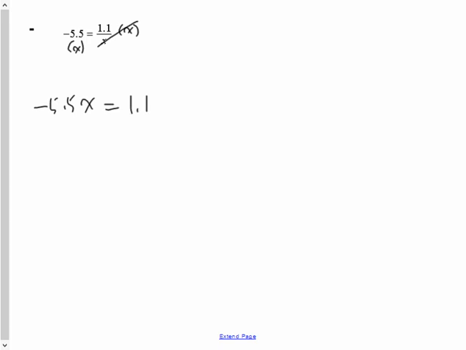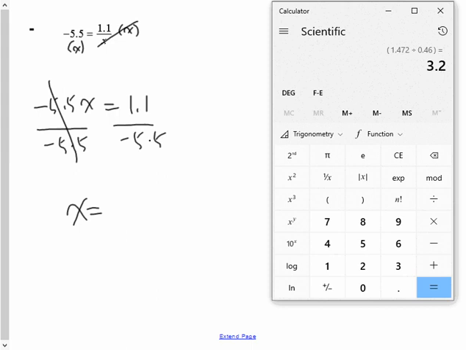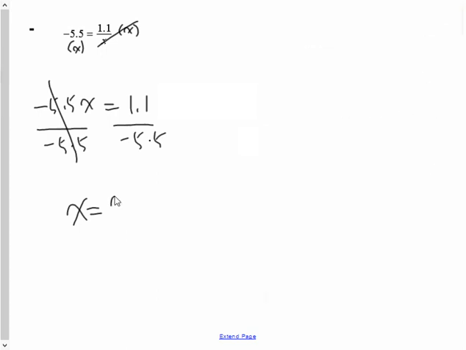So when I multiply both sides by x, I get this new equation. And then I'm going to divide both sides by the coefficient to isolate x as 1.1 divided by 5.5, which equals 0.2. And that's your solution.